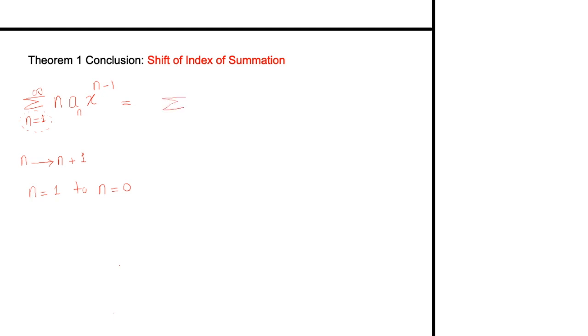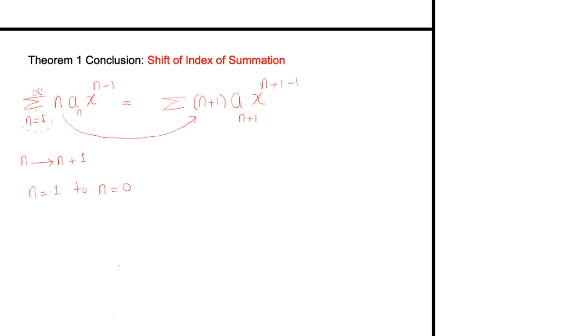So we will shift the series by 1, so the index n will become n plus 1 over here, this n will become a n plus 1, and here we also replace n by n plus 1.